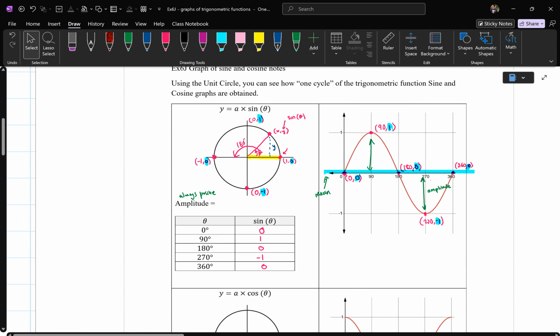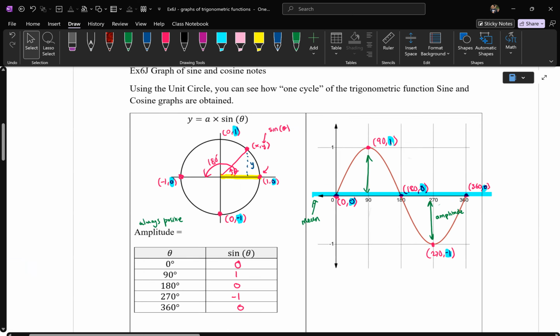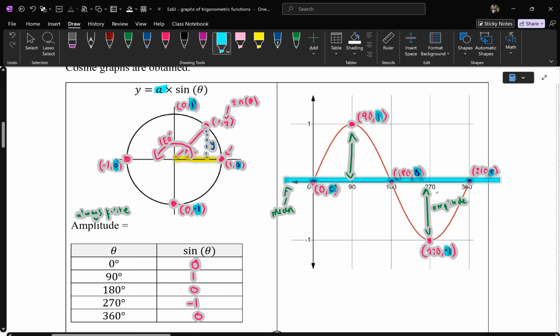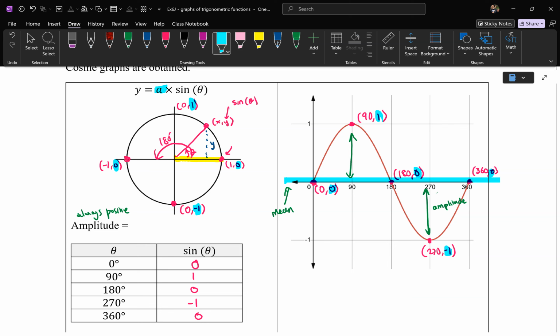Now, one of the nice things: how do you tell what the amplitude is? The number in front of sine. So whatever you times to sine at the front will actually dictate what that amplitude would be. So for example, if I gave you y equals 3 sine of x, the amplitude will be 3. That value right here will dictate how high it would be from the actual mean.